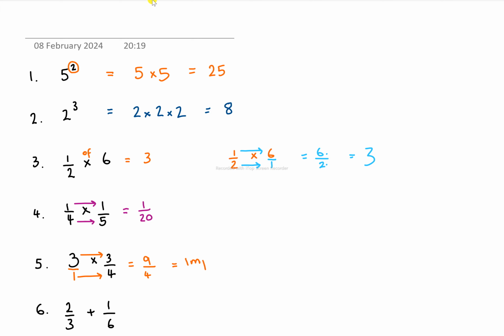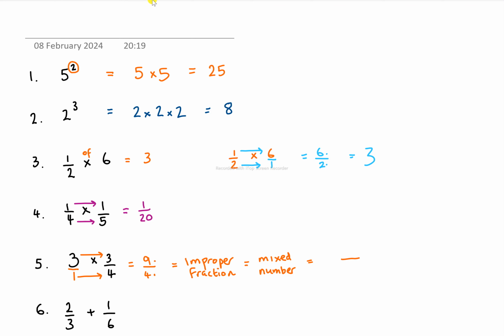An improper fraction. So I want to work it and turn it into a mixed number. Okay. So what I'm going to do is, how many 4's are there in 9?